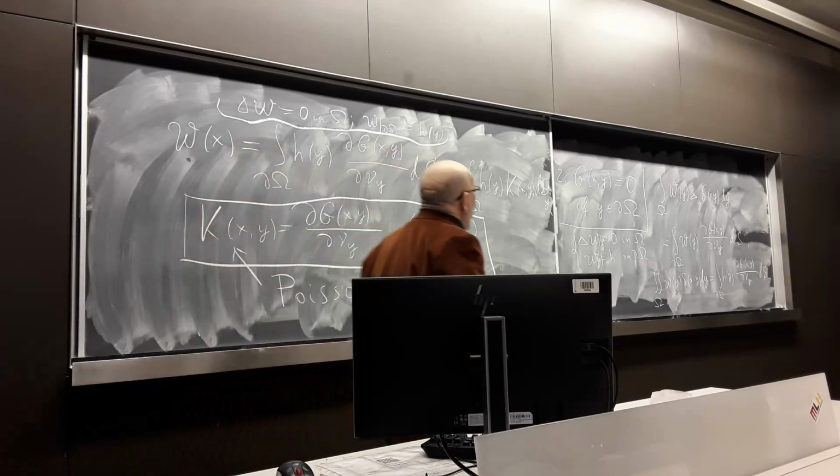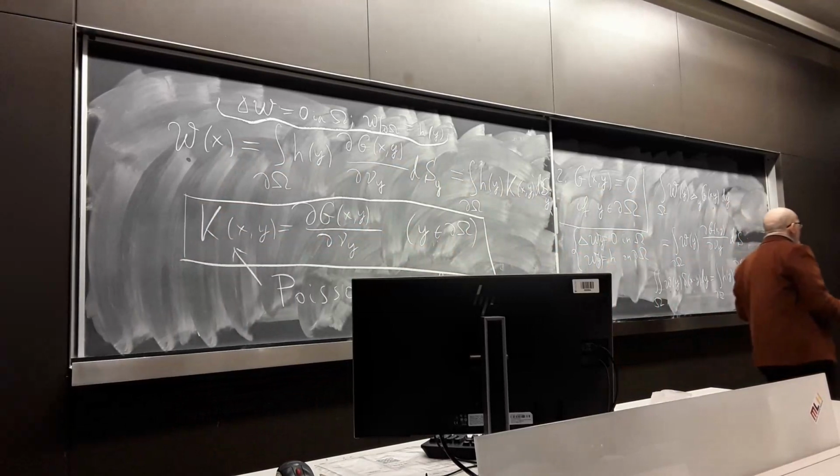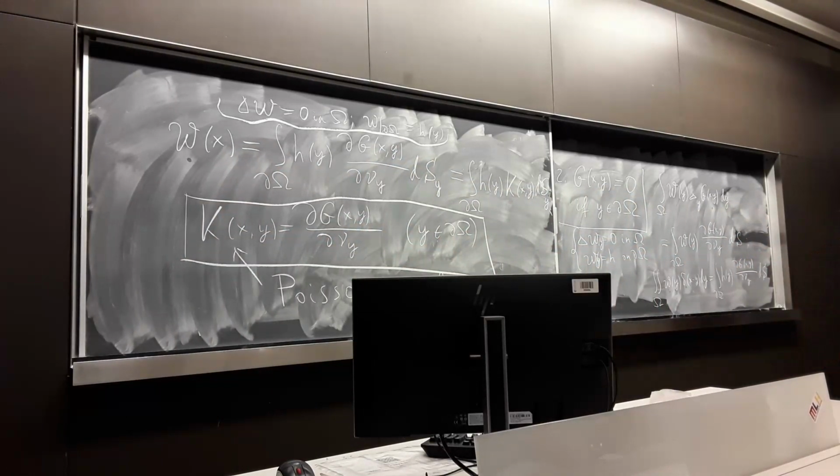So it does not help us to solve the problem. And as a result, we have very few domains where we can find the Green's function and the Poisson kernel.